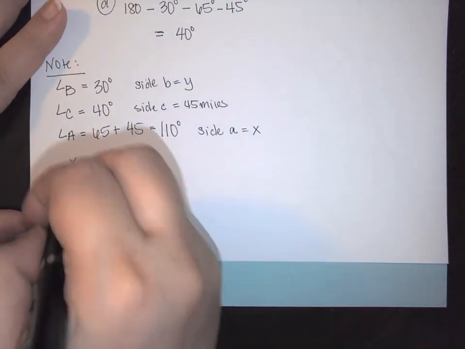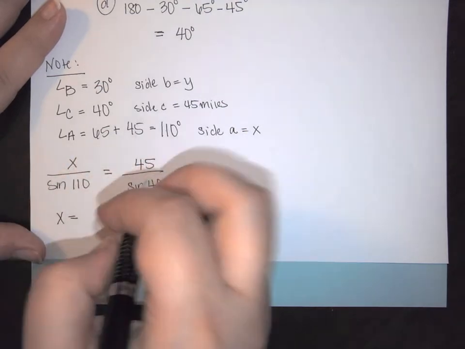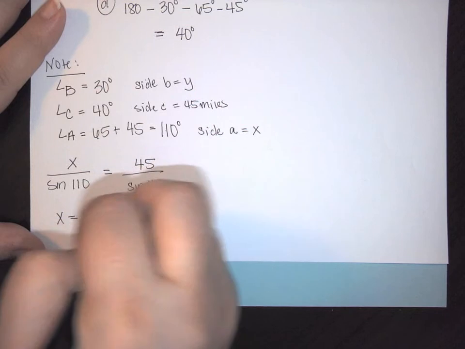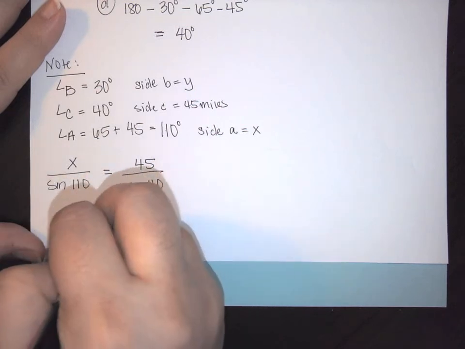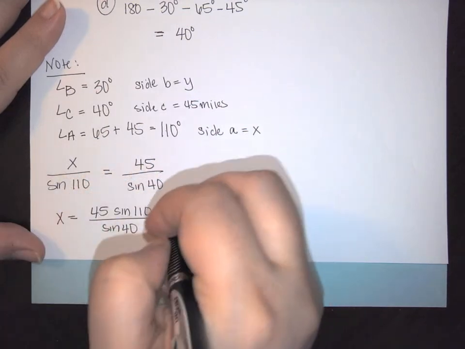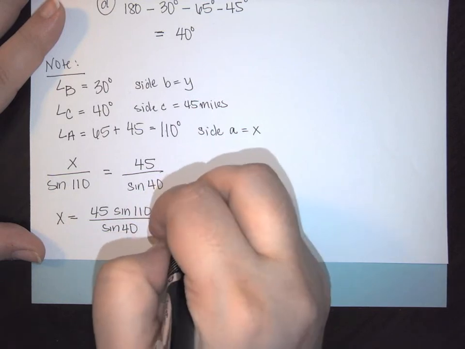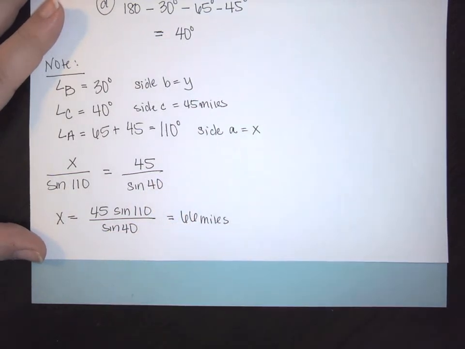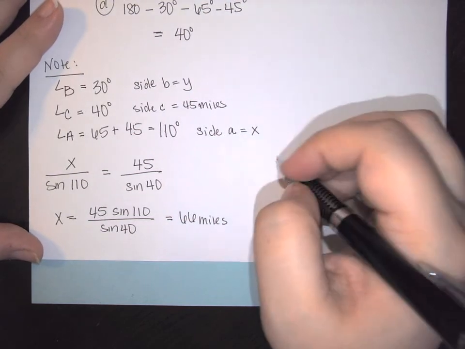So to solve for x, I have to rearrange. So I get 45 sine of 110 over the sine of 40, which in the end is going to equal 66 miles. I need to do the same thing for my y.